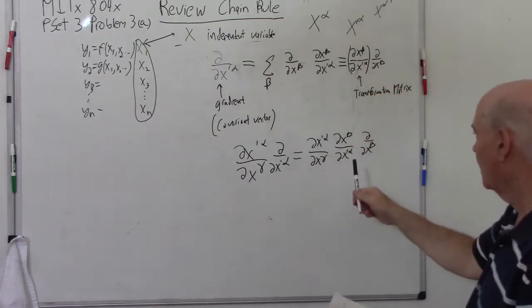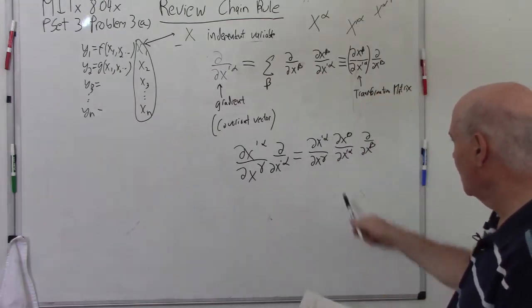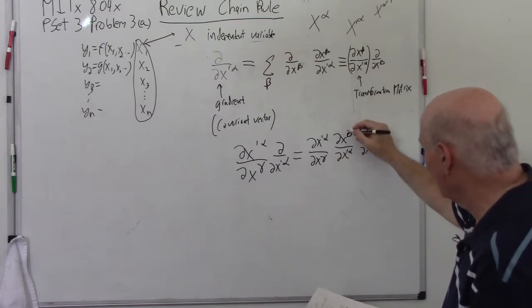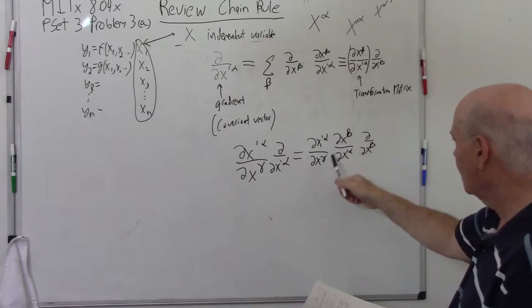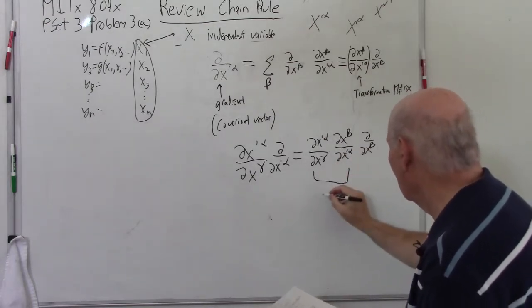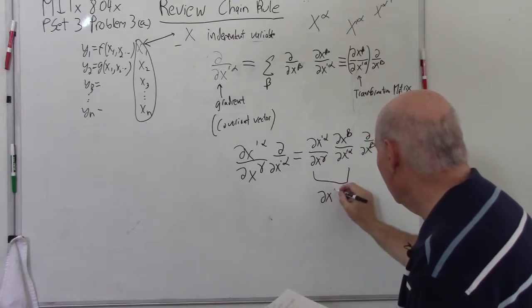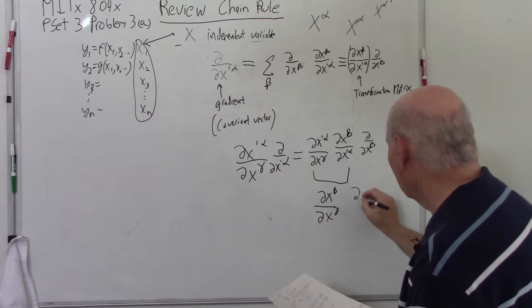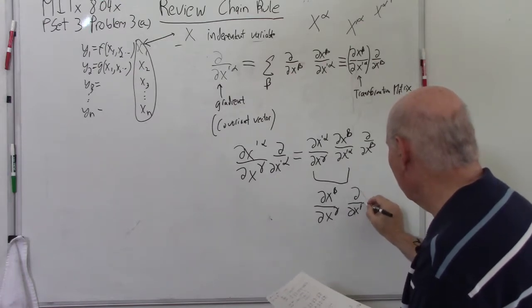Now, we have two things that are summed. Let's do this first. This is our usual chain rule. And so this ends up being equal to the partial of x beta with respect to x gamma times the partial with respect to x beta.